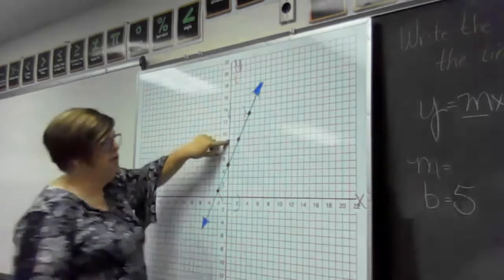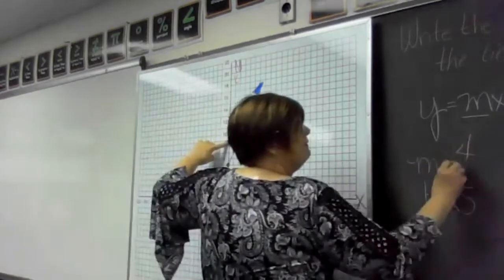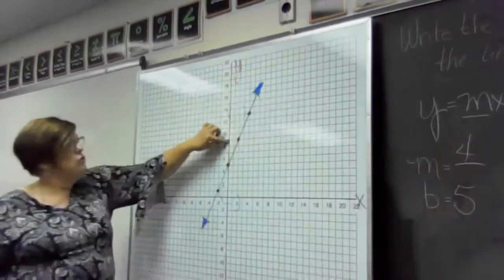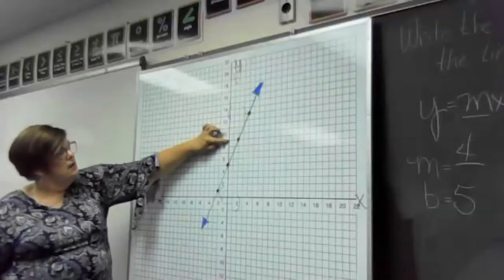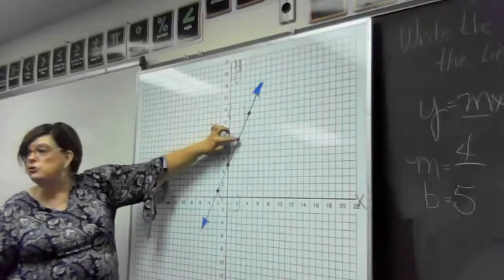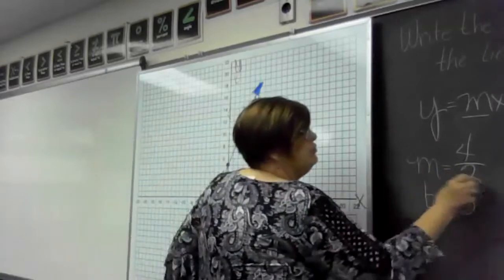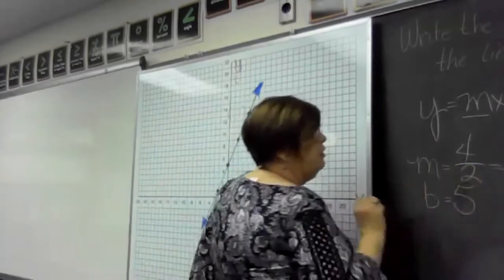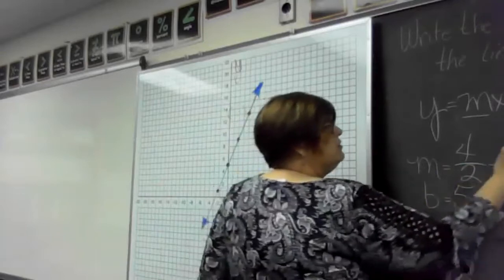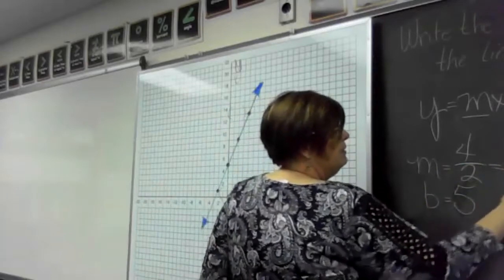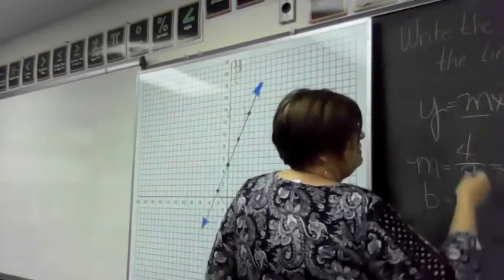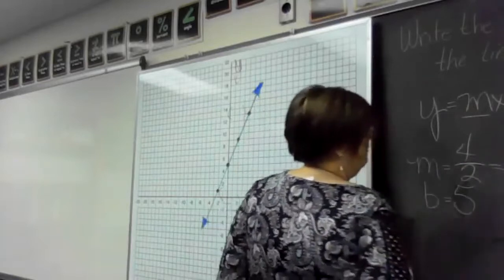I'm going to rise 4. Then I turn the corner because I want to get to that house, and I run 1, 2. So I have 4 over 2, and you always simplify that. So I have 2 over 1, or if you want to write it in the equation, just 2.